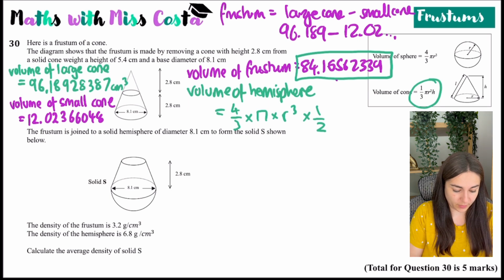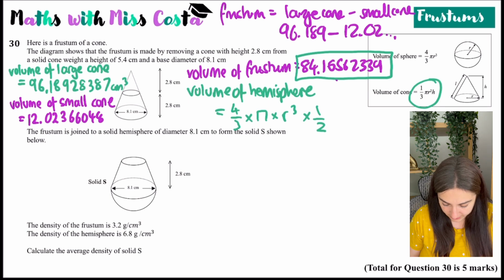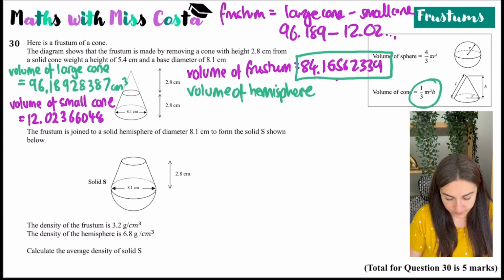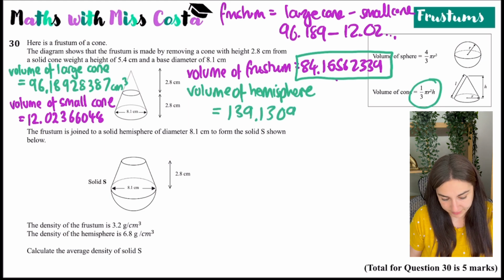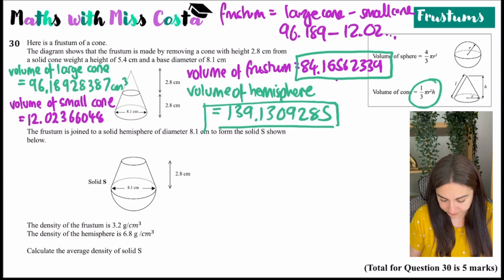So I'm going to do 4/3 times pi times, did I say 4.05? Yep, 4.05 cubed equals, divided by 2 equals 139.1309285. So that's the volume of the hemisphere.